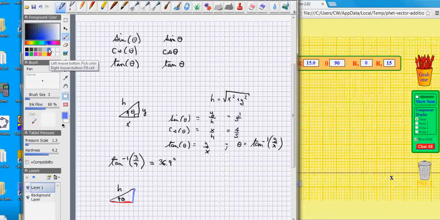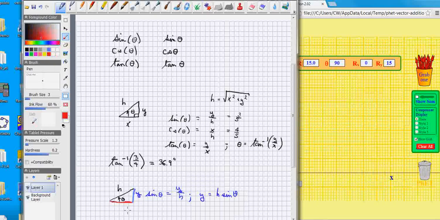So if I go to the vertical side first, if I know what h and theta are, since sine theta is equal to y over h, well, that means that y is equal to h times sine theta. So I can find the vertical side by solving the equation for sine theta for y.